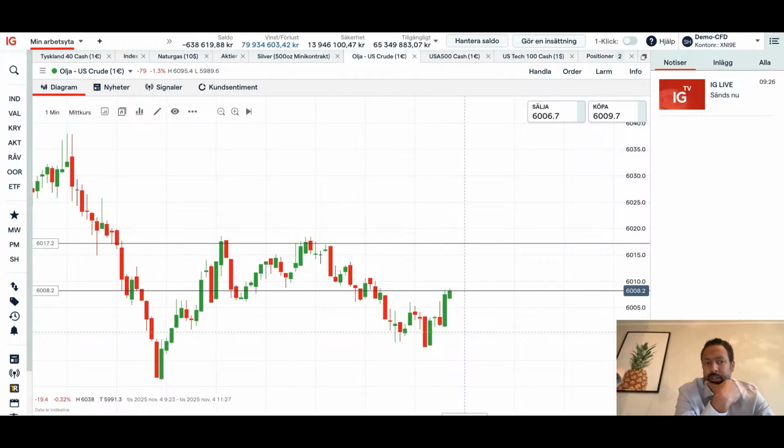We leave it to do its thing. We have moved the stop forward, so we're not losing any money. We'll move the stop to our entry. There we go. Moving the stop forward to 23. We don't need anything more.